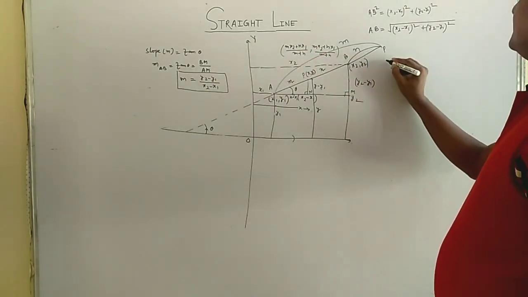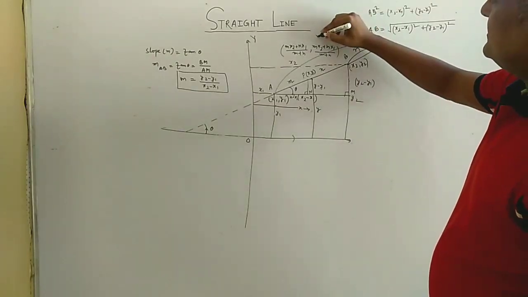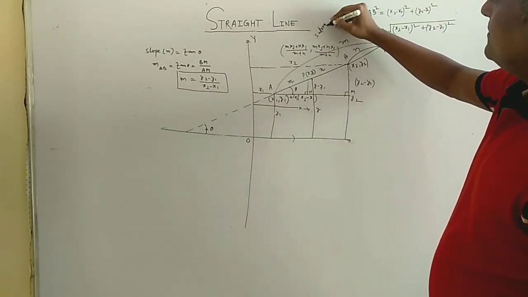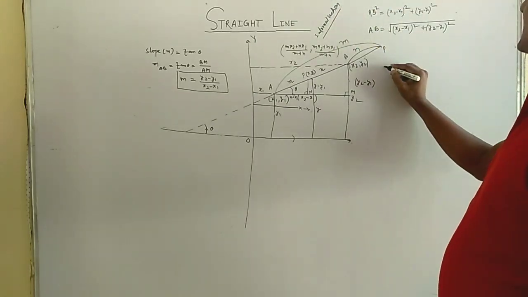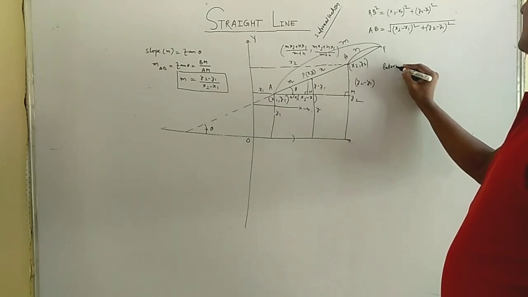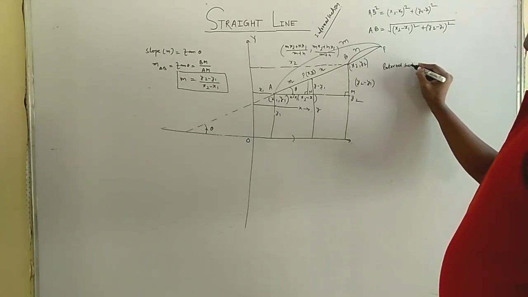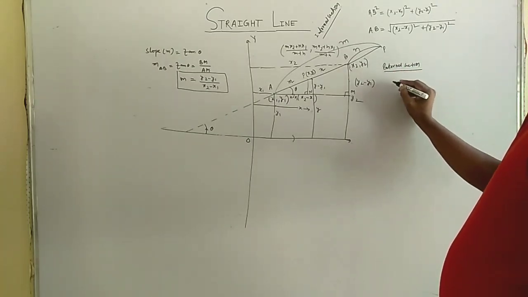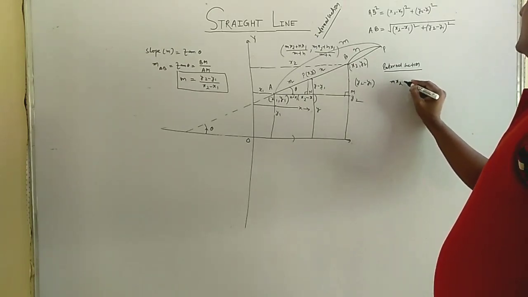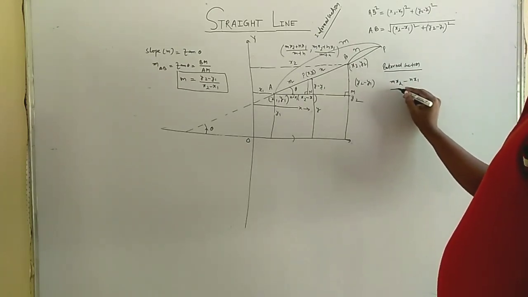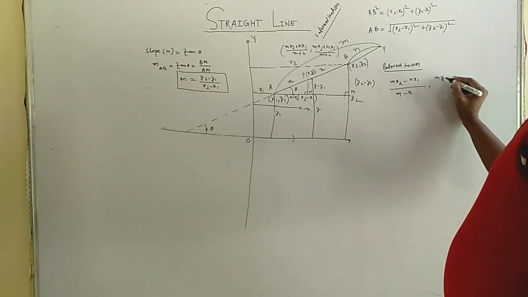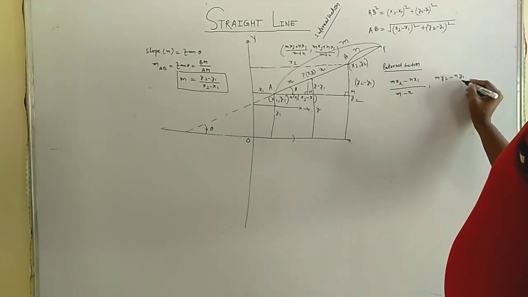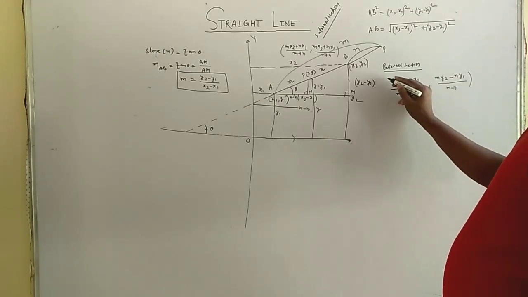So for external section this is mx2 minus nx1 upon m minus n, and my2 minus ny1 upon m minus n.